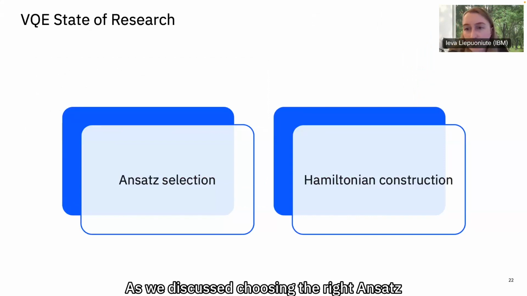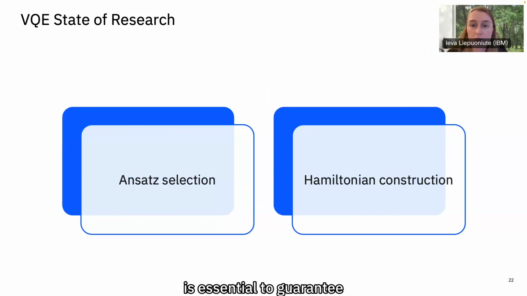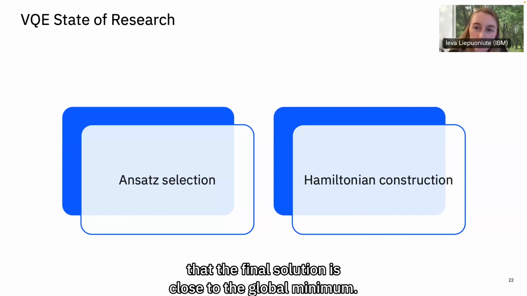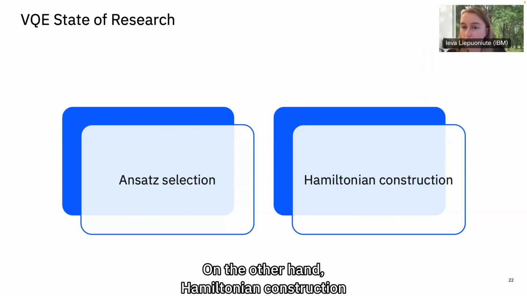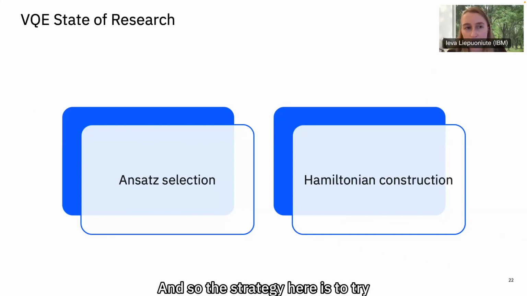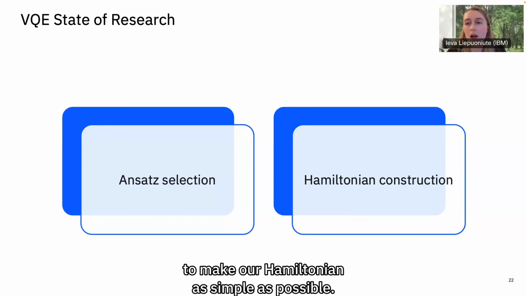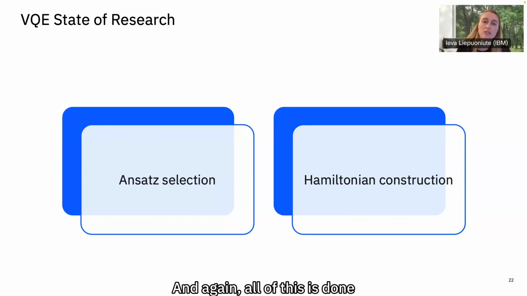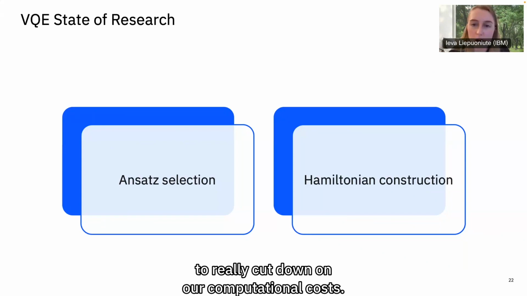As we discussed, choosing the right ansatz is essential to guarantee that the final solution is close to the global minimum. On the other hand, Hamiltonian construction takes into account the whole orbital space, right? And so the strategy here is to try to potentially reduce that space by choosing orbitals in a very smart way to make our Hamiltonian as simple as possible. And again, all of this is done to really cut down on our computational costs.